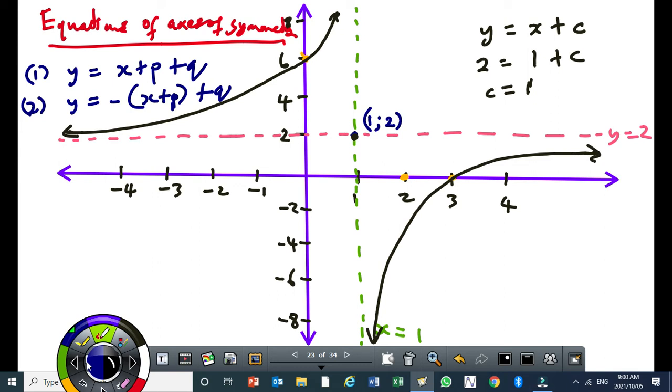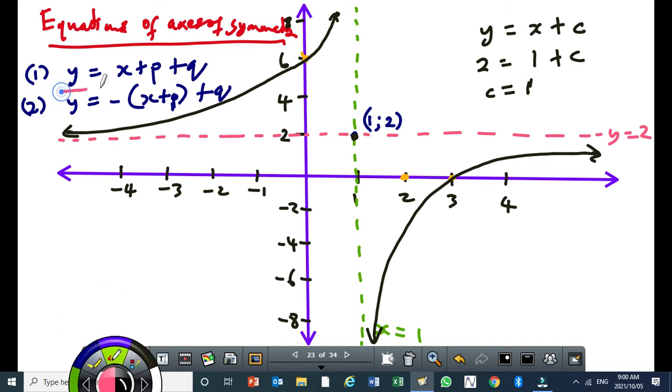So for this question here, we got P equal to what? P equal to 1. So if I do it using this equation here to prove to you that C is equal to P plus Q, I hope you can see that. If you compare this C here with this equation, we have X here, we have X there. So it means C is going to be P plus what?